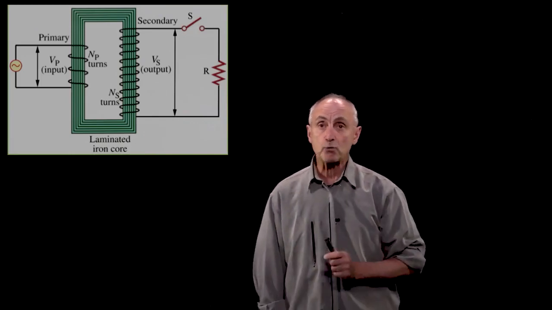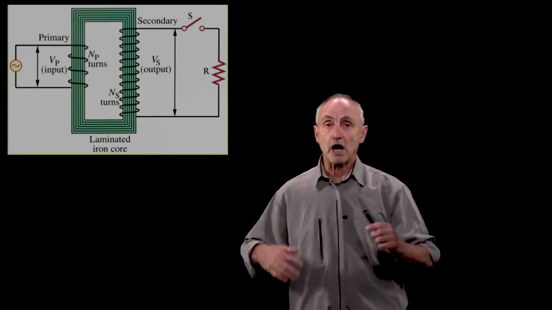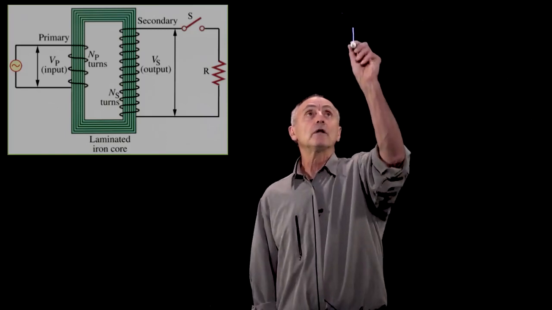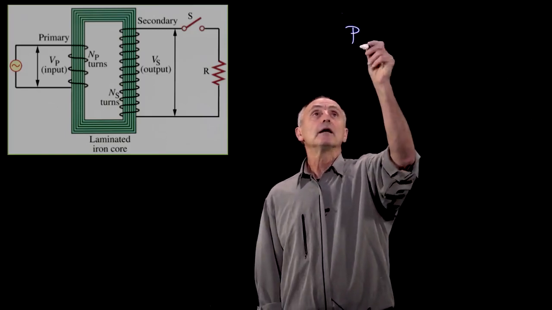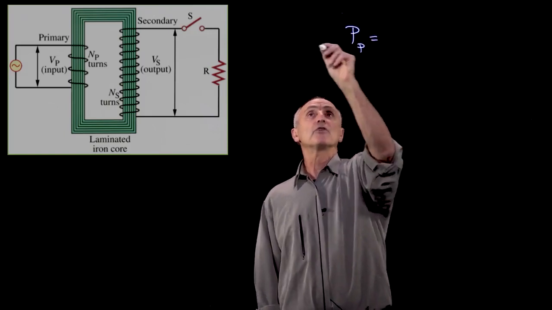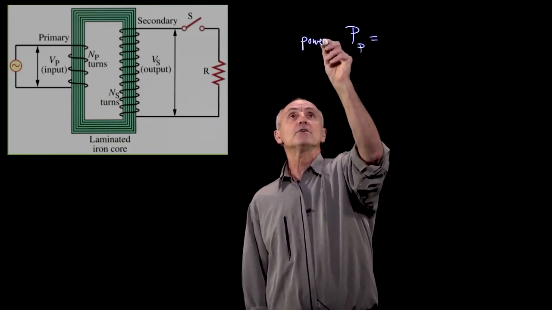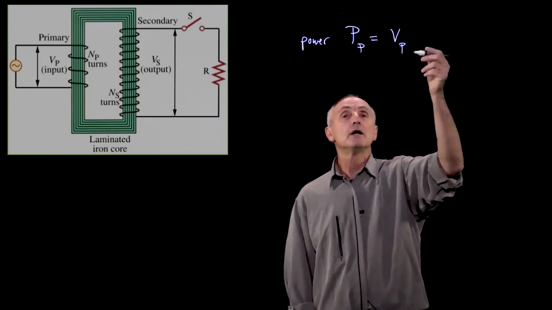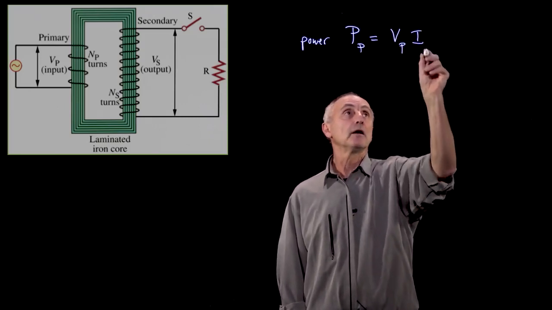Now let's look at what happens to the current for an ideal transformer in which there's no power loss. Recall that the power in the primary is given by the EMF, which we said was V primary, times the current in the primary.